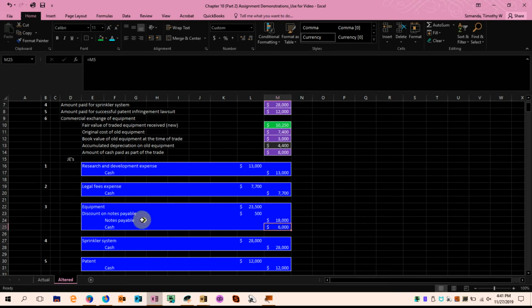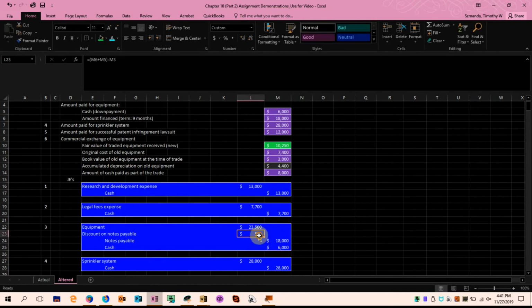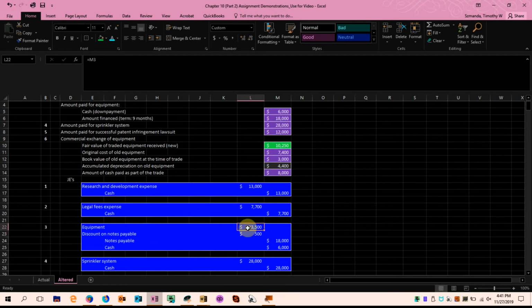So if we're told that the value of the equipment is $23,500 using my altered data, then given the amount financed, the amount of discount has to be $500 using my numbers. So again, we're given the value. If we would have paid all cash, it would have been $23,500. Because we ended up paying more than that, right? We're going to pay $6,000 plus $18,000.